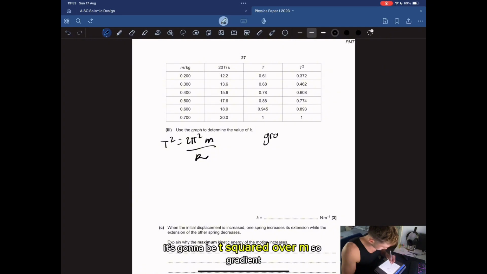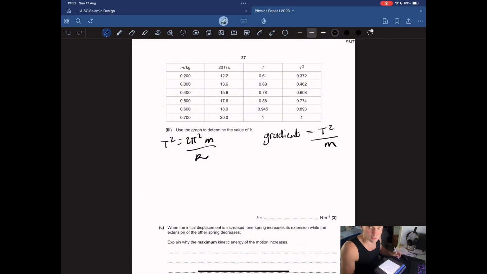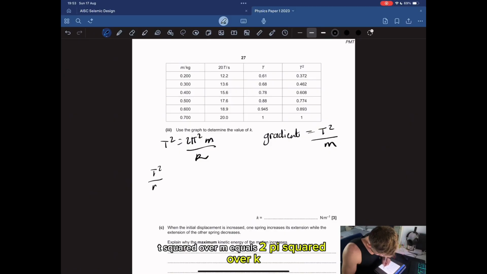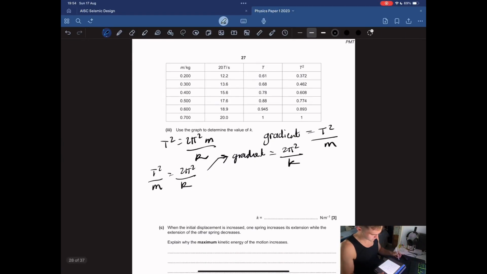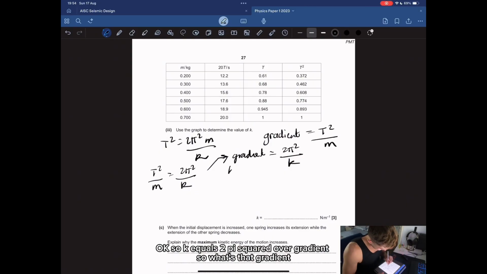So t squared over m equals 2 pi squared over k, so gradient equals 2 pi squared over k. So k equals 2 pi squared over gradient. So what's our gradient?